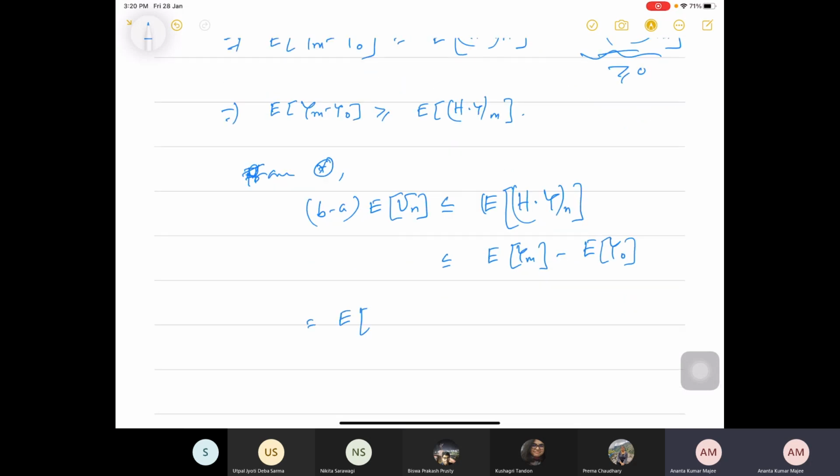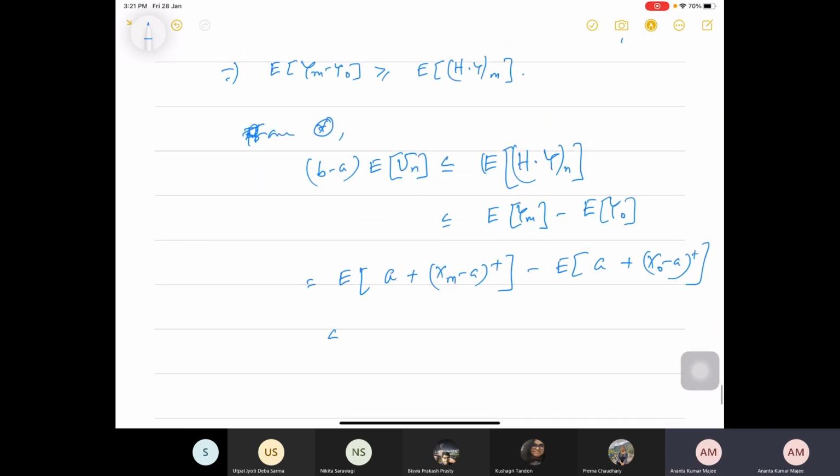What is my Y_m? Y_m is nothing but (X_m minus a)^+, and Y_0 is (X_0 minus a)^+.